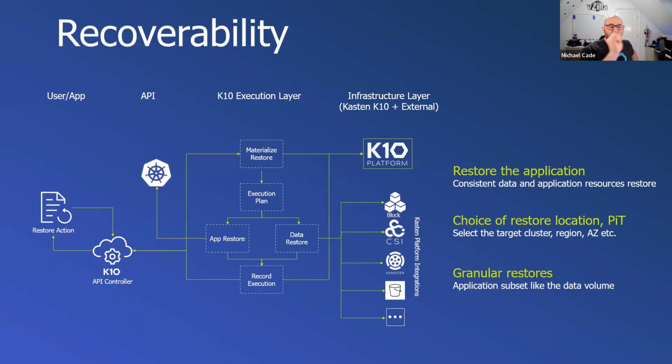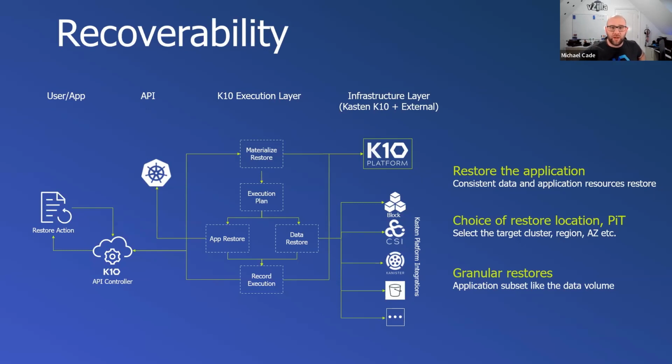We trigger that restore, and that creates something called a restore action, found in the native Kubernetes API. From there, we start to restore those aspects that we need. We start building out the application, pushing the data, and then we push that back into whatever location that needs to be. We choose the restore location.